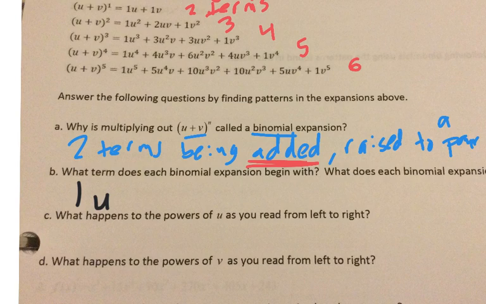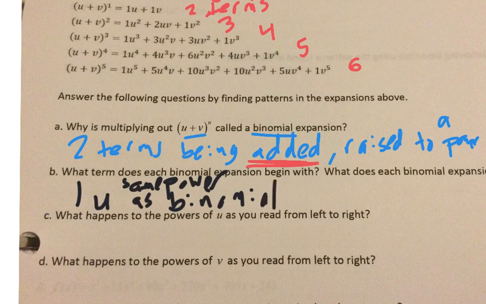So this is 1u, and it's raised to the same power as the binomial. Okay, what about the last term? It's 1v, and it's also the same power.